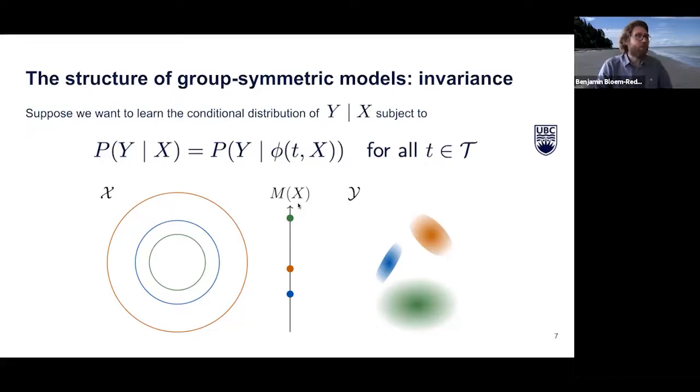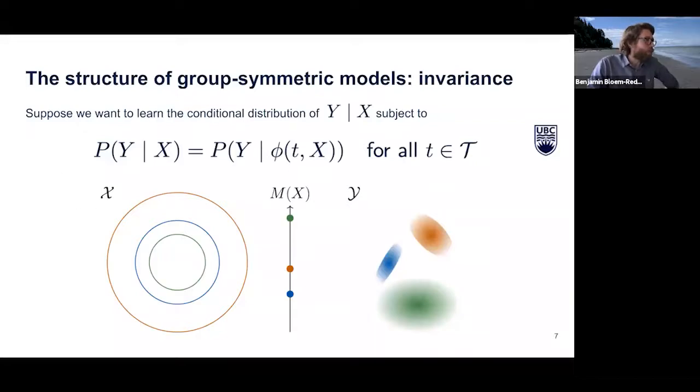As an aside, this has connections to ideas from classical statistics of sufficient statistics and things like that. I'm not going to go into it in detail here, but the basic idea is that we get this big simplification of our problem just by requiring this invariance.